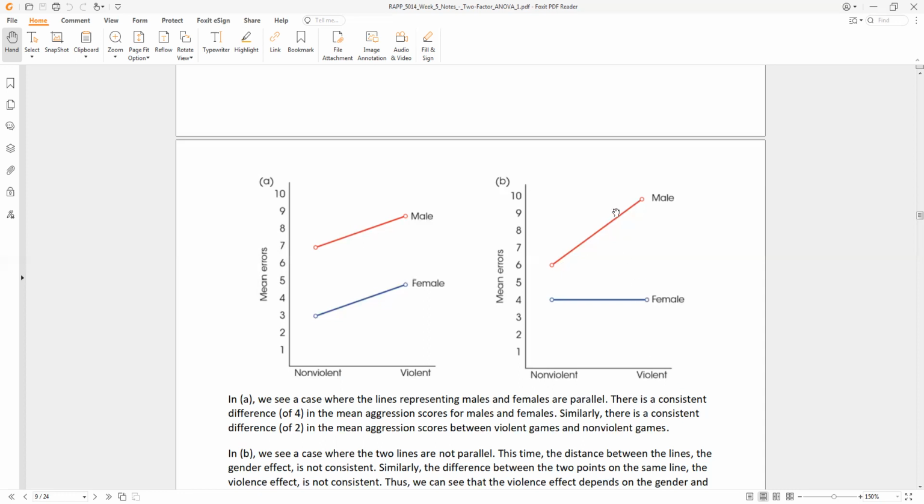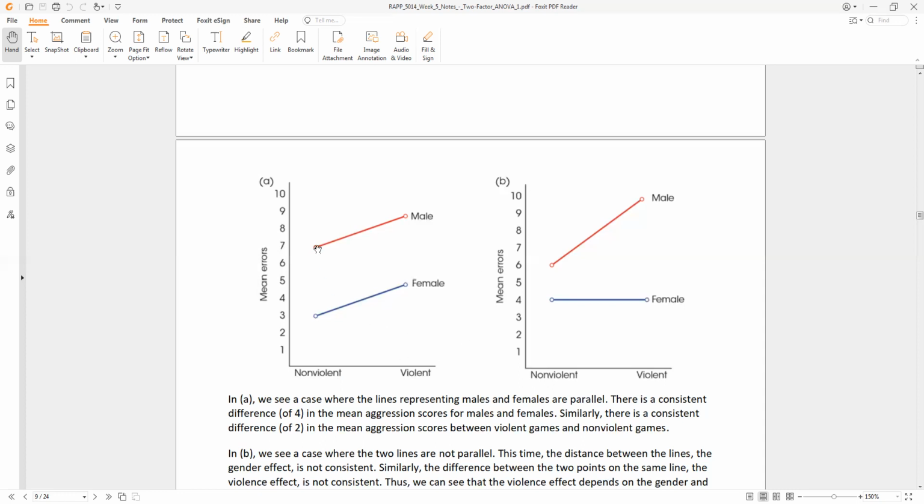Because violent games are making the men's aggression scores go way up by like 4 points, and they're not actually changing the women's aggression scores at all. So the effect of violence, which does exist in this graph, depends on gender in this second picture in a way it did not in the first picture.